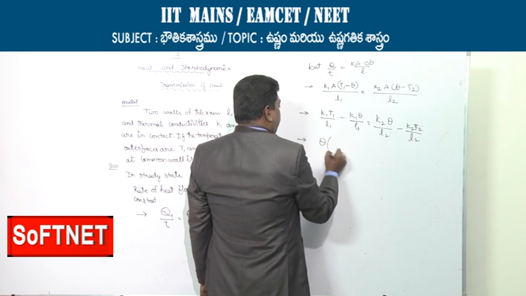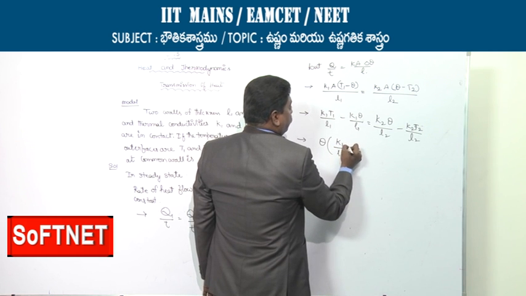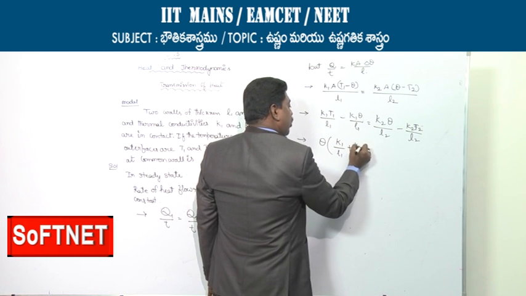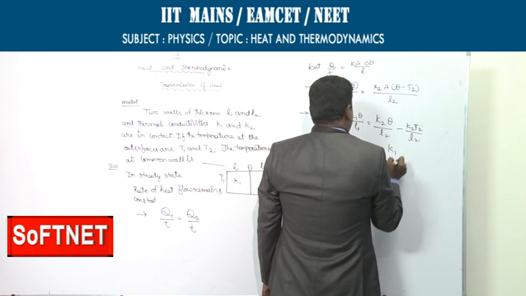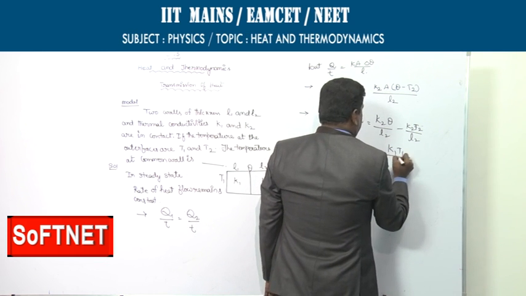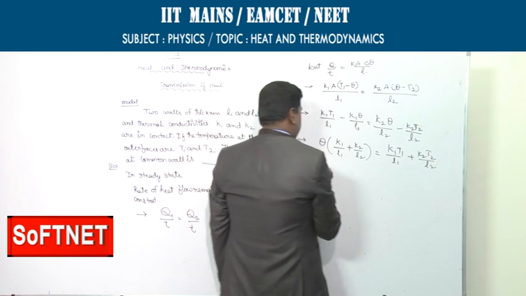Taking theta common, we have got theta into K1 by L1 plus K2 by L2 is equal to K1 T1 by L1 plus K2 T2 by L2.